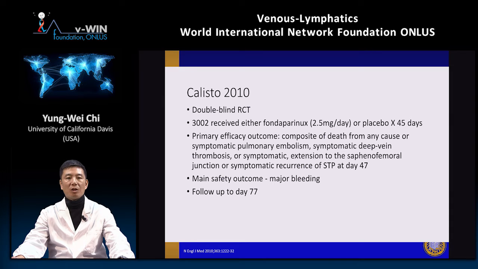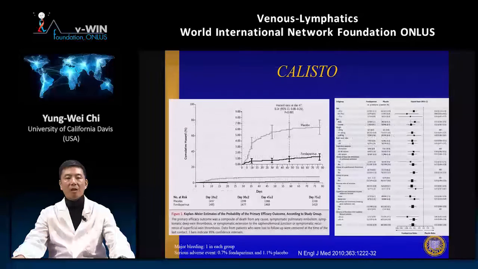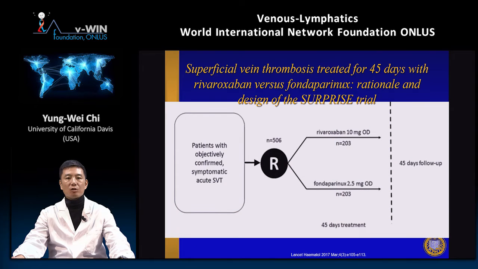Primary endpoints were death, symptomatic pulmonary embolism, symptomatic deep venous thrombosis, extension to the saphenofemoral junction, or symptomatic recurrence of superficial venous thrombosis. The conclusion indicated a 7-fold decrease in primary endpoint with no difference in bleeding or major adverse events between the two groups.